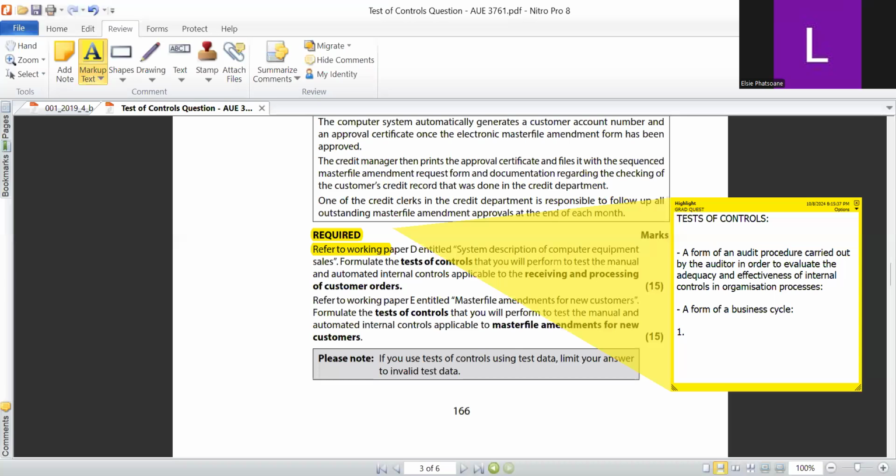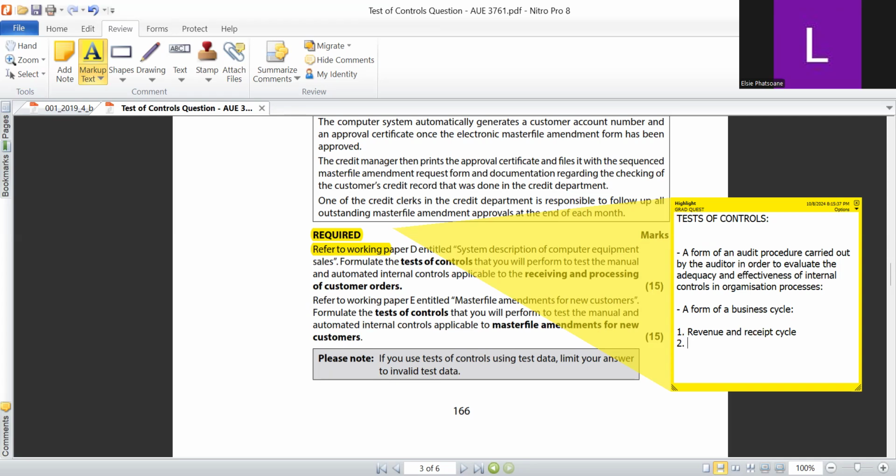So it can be anything like a revenue and receipt cycle. Meaning the business would be involved in the process of either selling goods or services in order to generate revenue. Revenue and receipt cycle is a business process, a business activity that you find in an organization that is profit motivated.